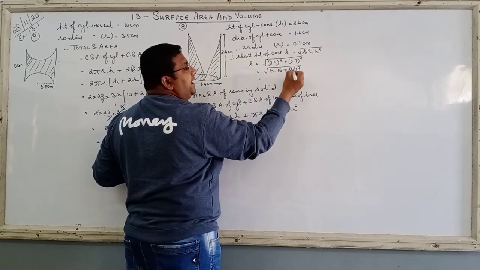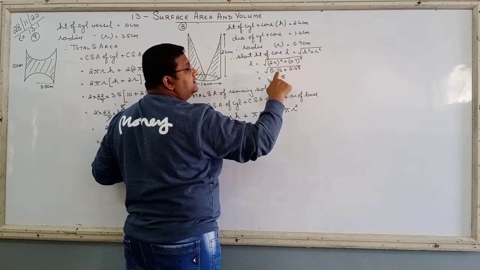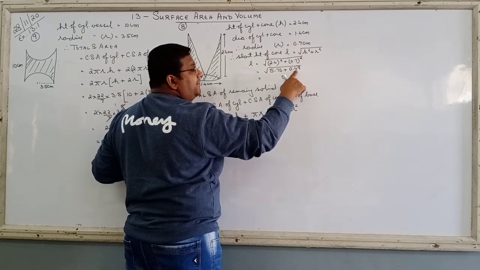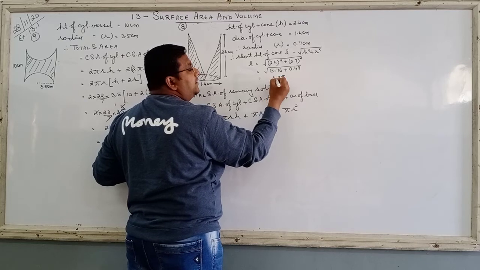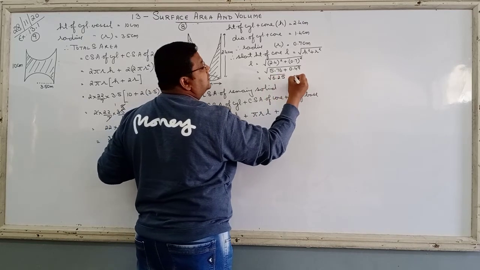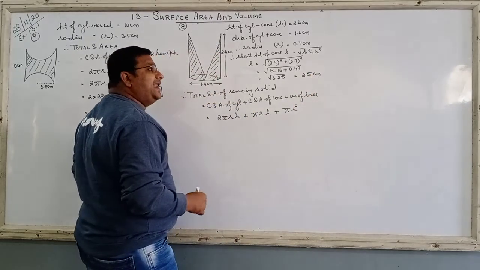Adding 5.76 and 0.49: 6 and 9, 15, carry 1. 7 and 4, 11 and 1, 12, 2 carry 1. 5 and 1, 6. So 6.25, and square root of 6.25 is what? 2.5 centimeters. So we have L as well.